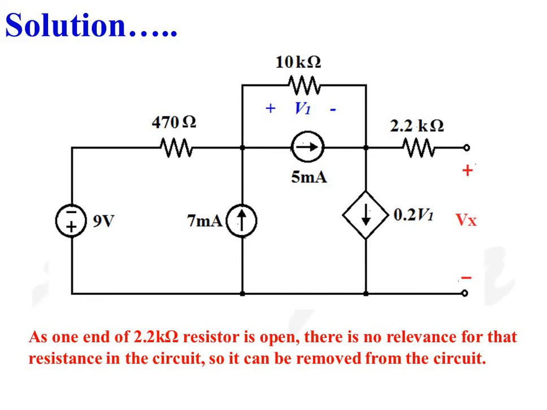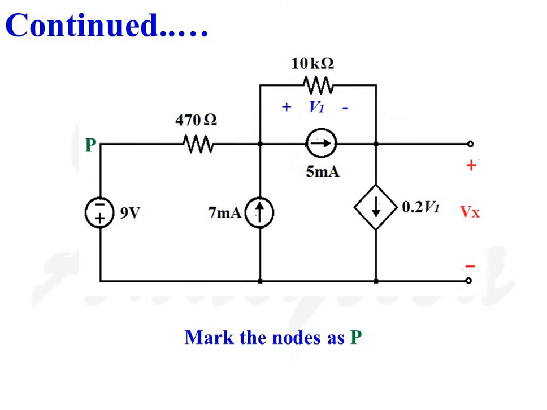So in the given network, as one end of the 2 kilo ohms resistance is open, there is no relevance for that resistance in the circuit. So it can be removed from the circuit. Redrawing the circuit after removing the 2 kilo ohms resistance, the circuit becomes like this.